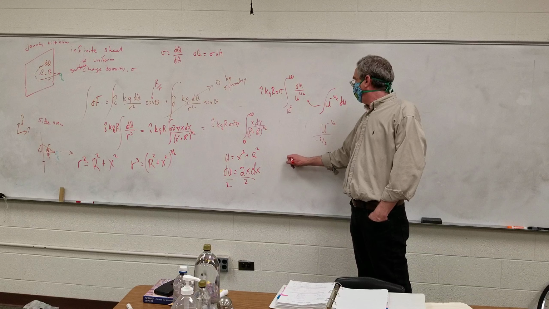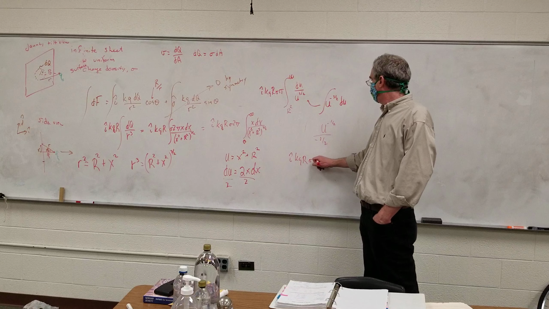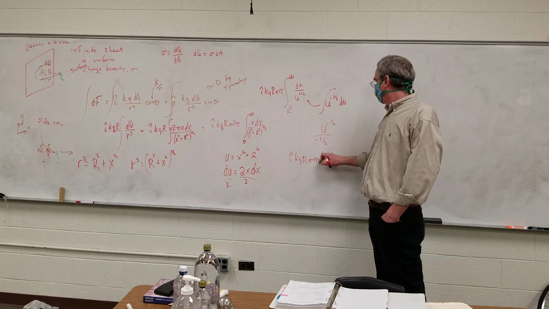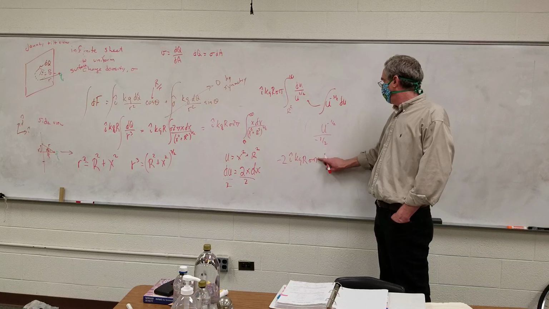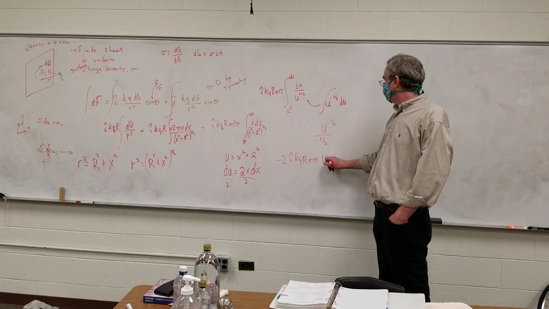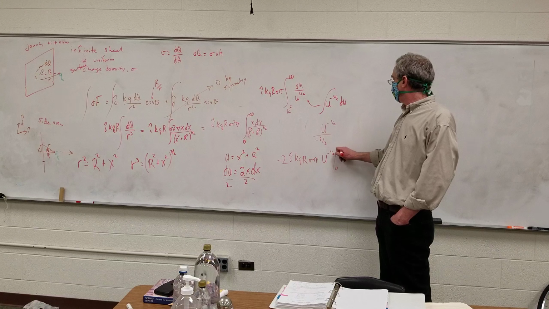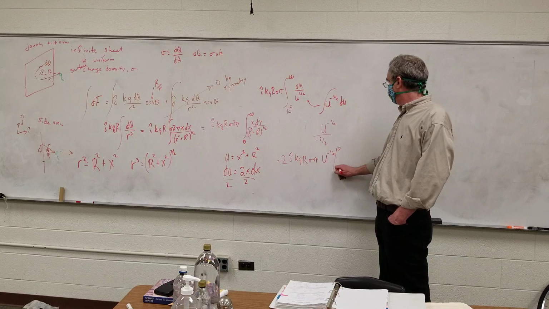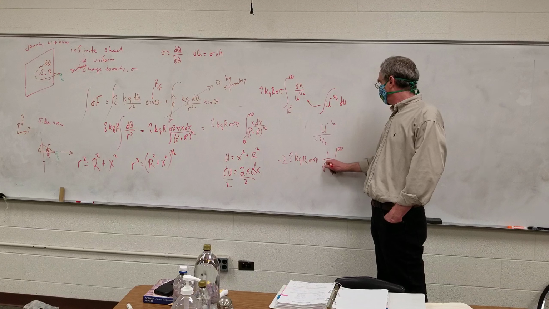And so I got k q r sigma pi with a negative 2 up front, and then u to the negative 1/2 from r squared to infinity. Let's just write it as 1 over square root of u.